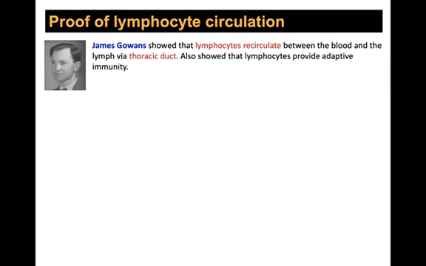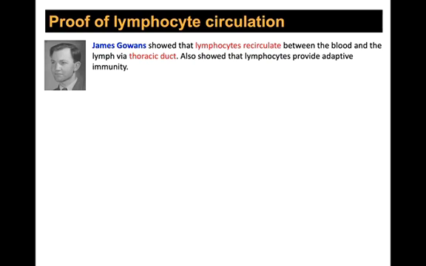Now, the proof of this really was, or the question really was, well, what's happening? And there were two prevailing ideas at the time. One is that hematopoiesis was just pumping out cells, and they would go out and eventually die. But the other idea was that these cells were recirculating between the blood, going into lymphoid tissues, and then coming back out into the blood.